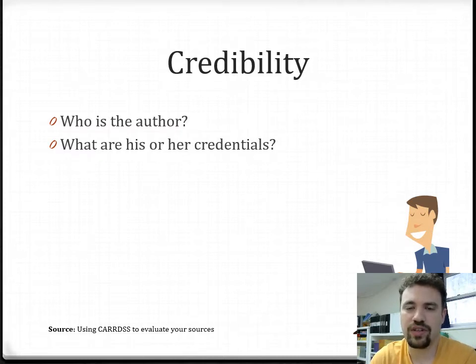Obviously for literature, you're going to want someone who has some sort of literary expertise versus Billy Bob Smith, who's a farmer, right? His opinion might be interesting, but he doesn't necessarily have the credentials to weigh in on an academic literary paper.